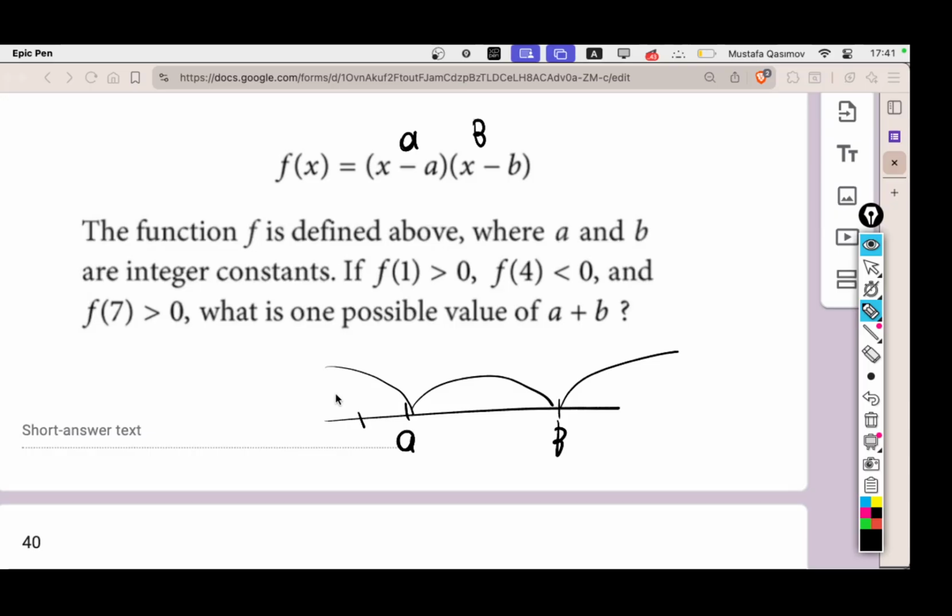We did the same thing for 5x squared minus 45 is equal to 0. It's also correct, and the roots are positive and negative 3. The sum of these roots is 0.